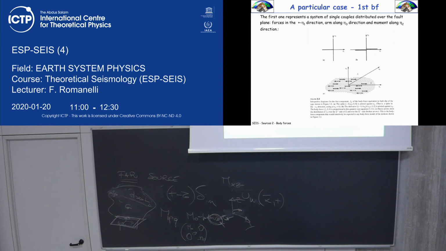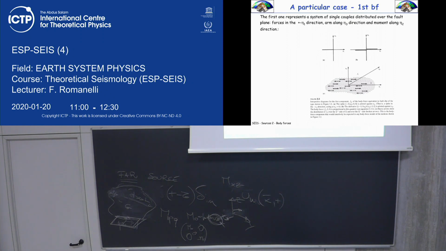Remember that a moment is acting on a perpendicular when you have a couple of forces. Rotation is occurring in the perpendicular plane. So the first one is a distribution over the fold of a set of single couples.